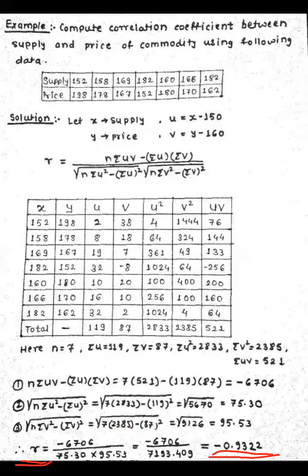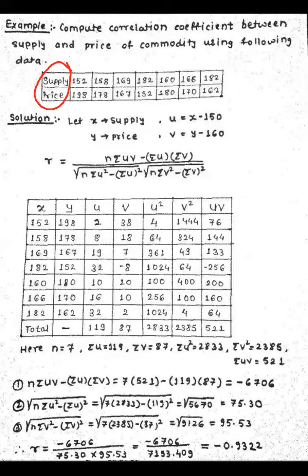So this is approximately tending towards minus 1. So we can say that a negative correlation exists between supply and price. In other words, you can describe these variables as inversely proportional to each other.